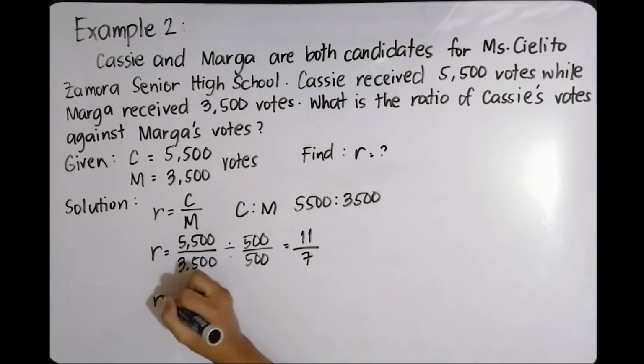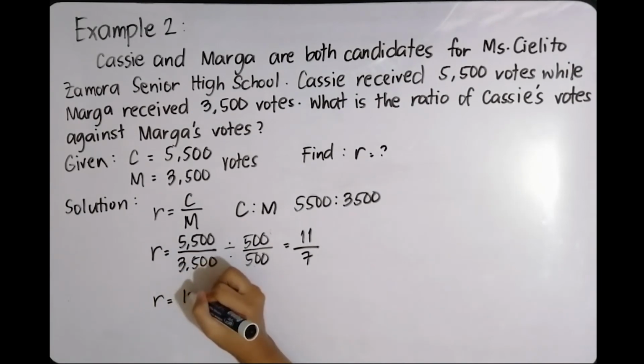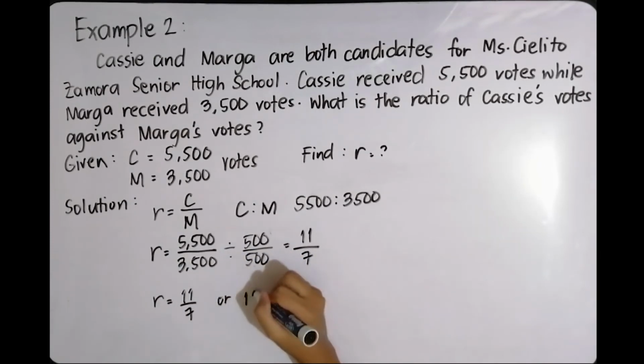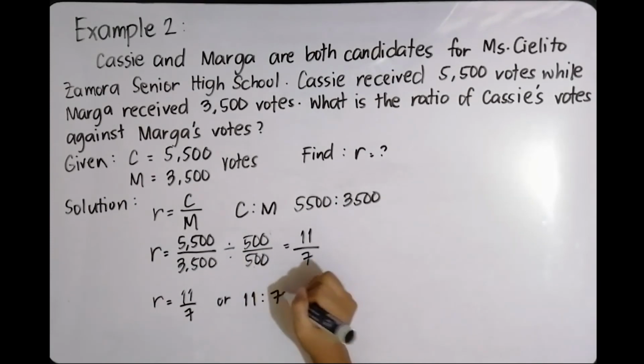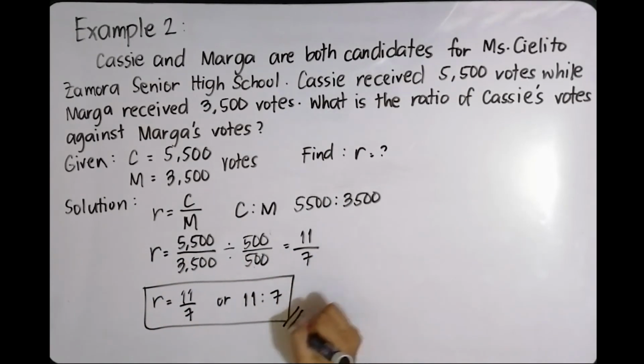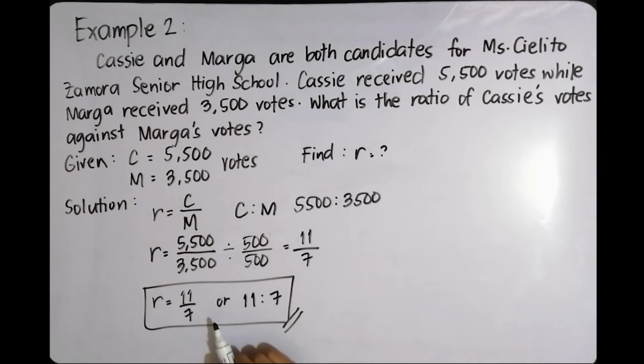So our ratio is 11 is to 7. This is the ratio of Cassie's votes over Marga's votes.